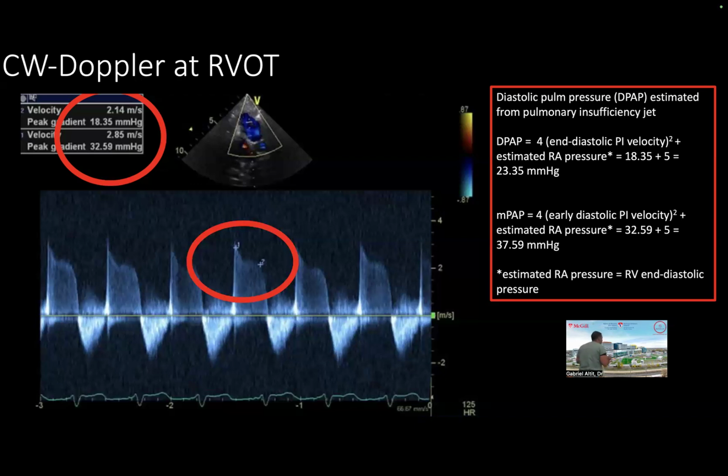So that's 3 times 3, 9, 4 times 9, 36, a gradient. If you're assuming that your RV pressure is the same as your RA pressure because the tricuspid valve is open and two structures that are connected will equalize pressure, and that it's 5, you do 36 plus 5, it gives you about 41. So you can assume that your diastolic pulmonary arterial pressure is around 41 millimeters of mercury.